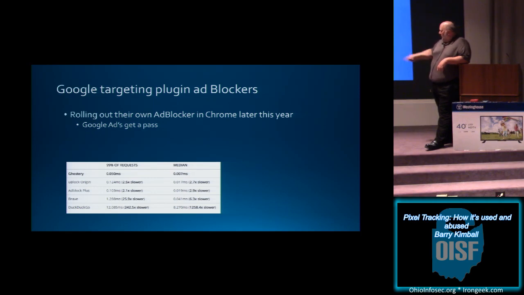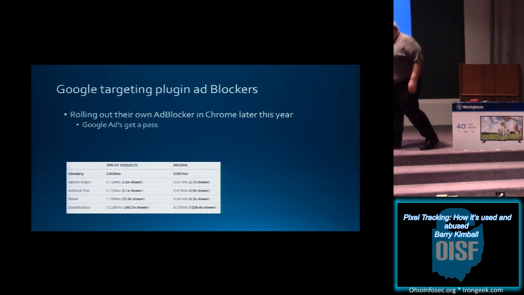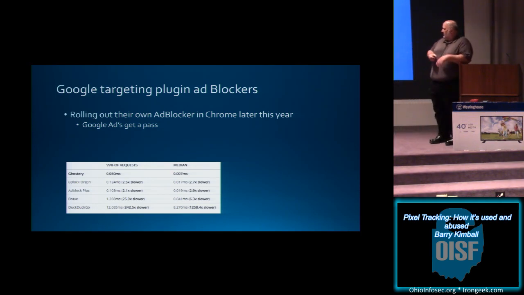But if you get into other browsers, like DuckDuckGo, it gets a little brutal. 8 seconds is a different story. You can understand that probably would deter you from using those.